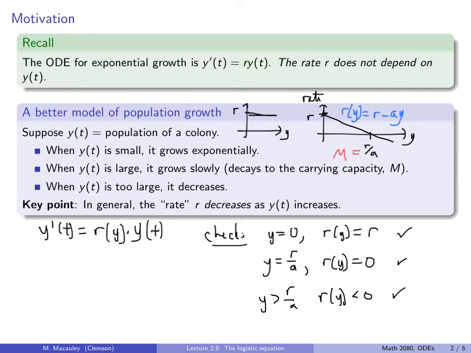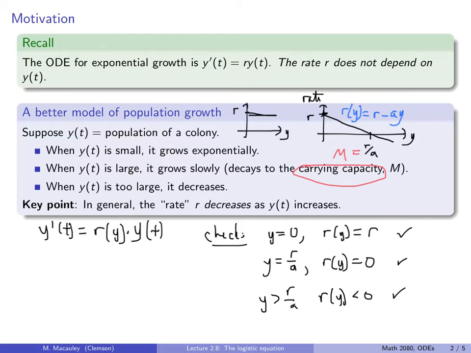In other words, when we are over here, when population is too big, the growth rate is negative and the population is shrinking. So we call this threshold the carrying capacity, m, and that's exactly what this m is right here.